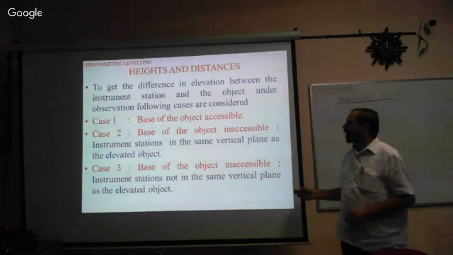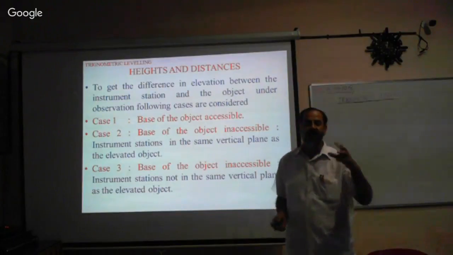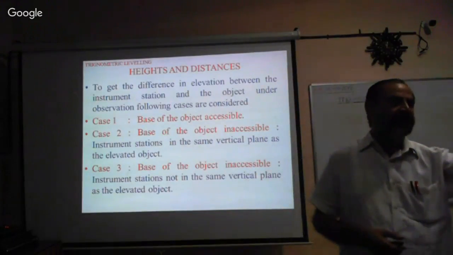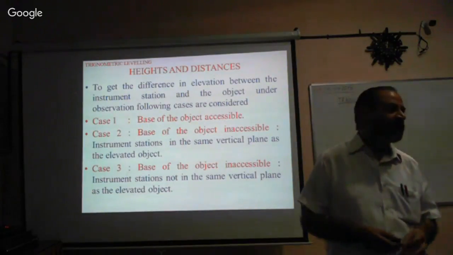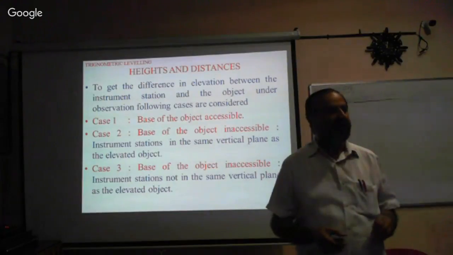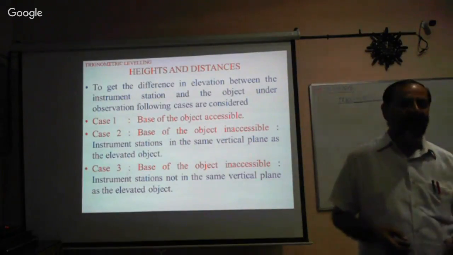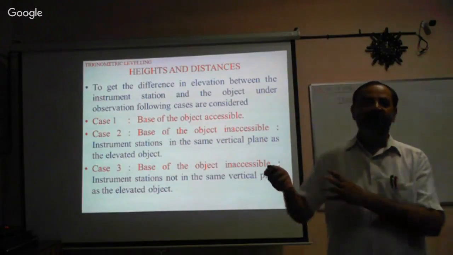Case one: base of the object is accessible. So suppose if you want to calculate the elevation of any object, it is possible you can reach the object from the instrument station. That is accessible. For example, we have a flag pole, or the height of a building.